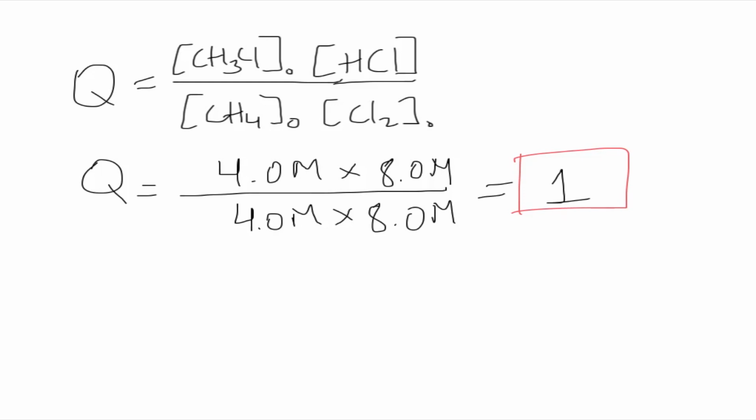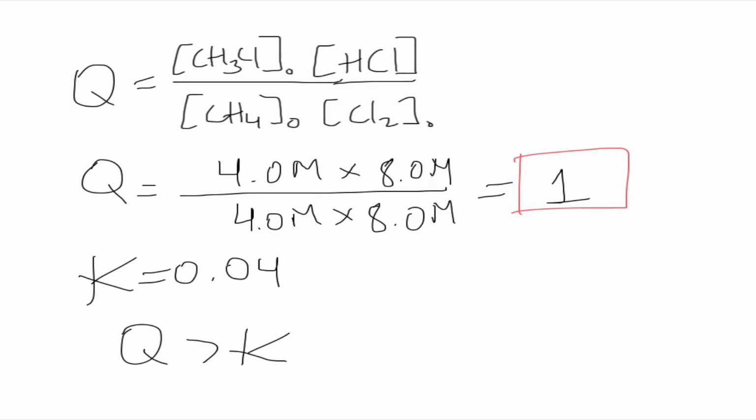And we said that K was 0.04. So this means that Q is greater than K, meaning that we have a big numerator, which says that right now the system is product heavy, meaning that more reactant has to be added.